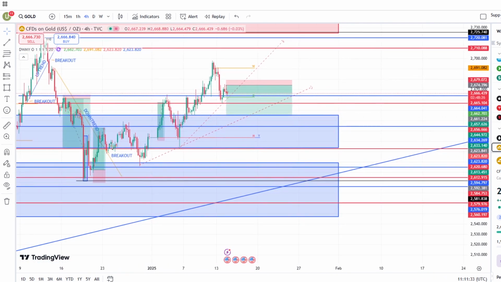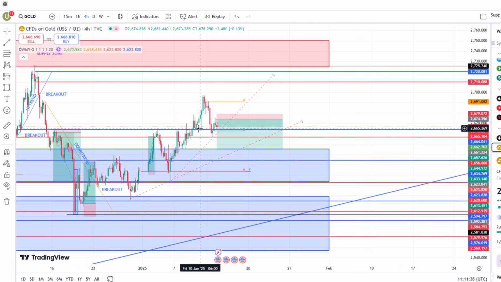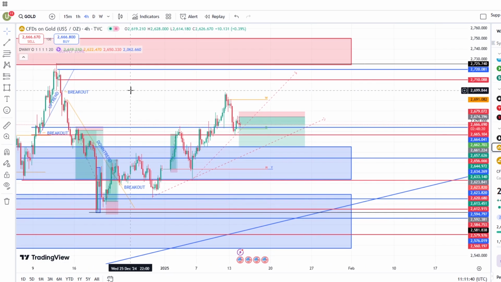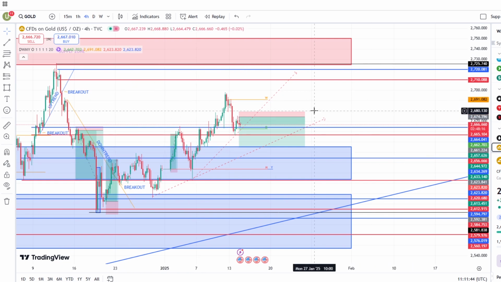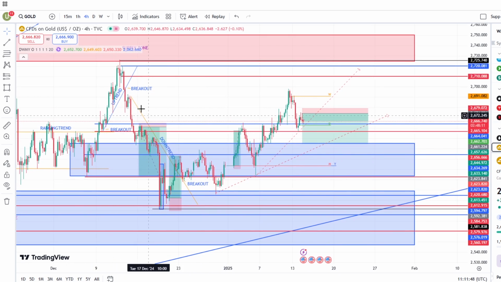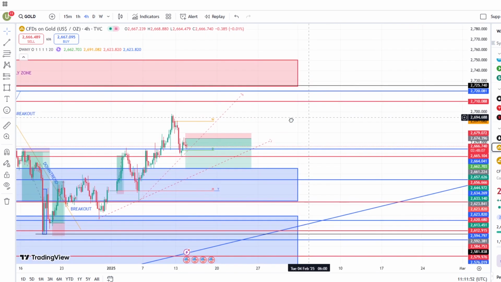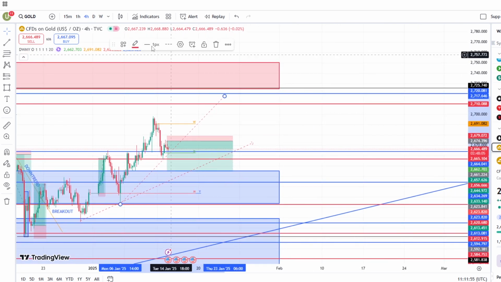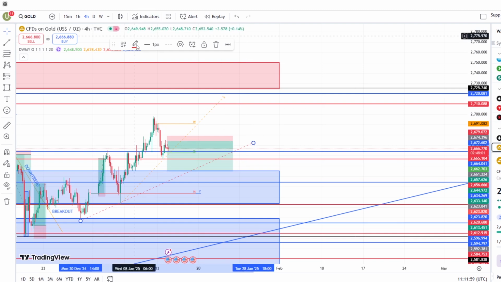So we had a downtrend breakout. As per our trends in trends strategy, we've identified our breakout points, but we're still trying to figure out which one was our uptrend from these two.